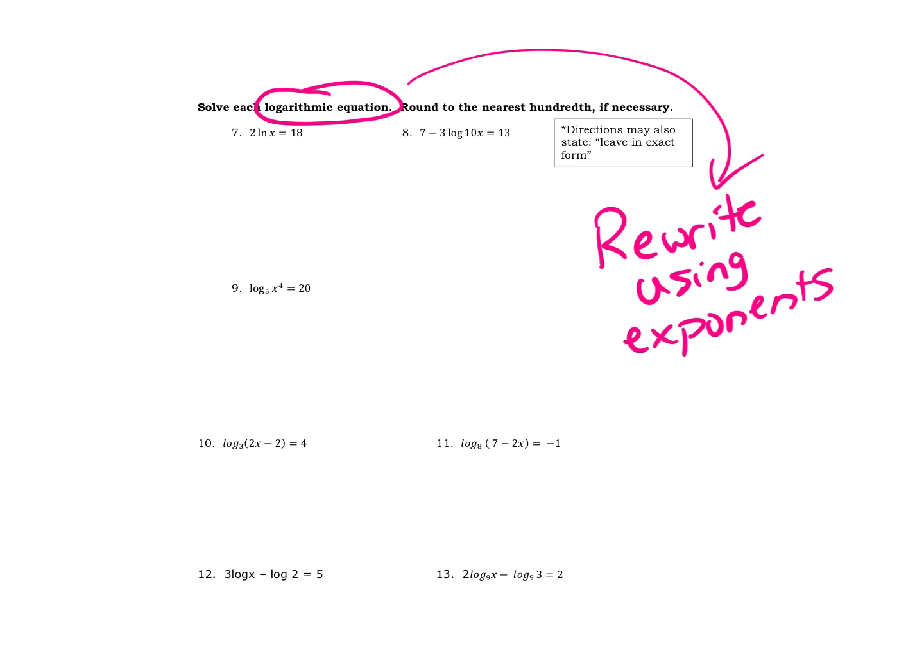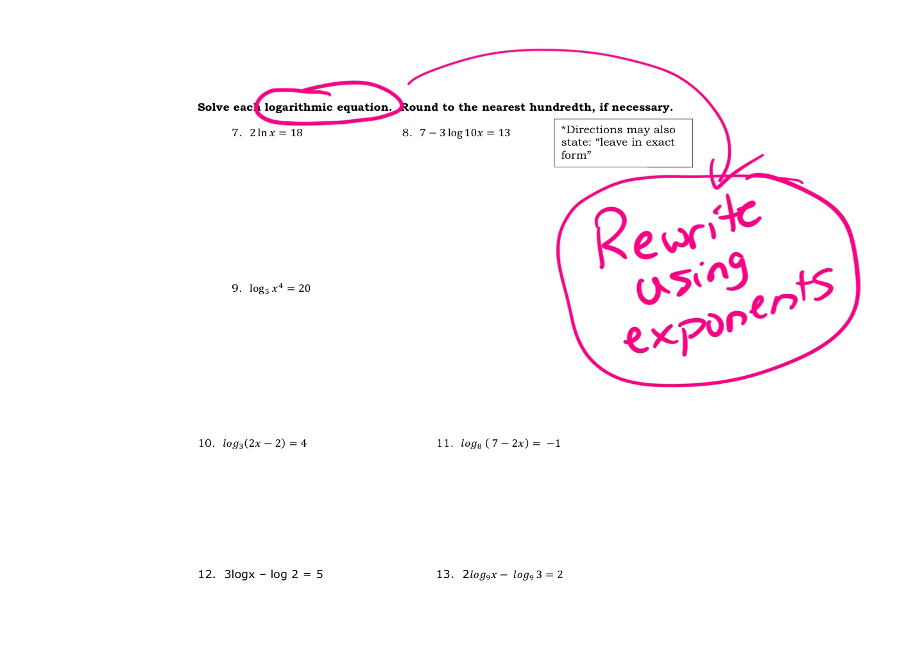What we're going to look at on the next page, those are exponential equations. Think inverse, it means we're going to have to think logarithms. So we'll get to that, but on these we are rewriting using exponents. There might be some cleaning up we have to do first, but that's what you have to keep in mind: these are logarithmic equations, rewrite using exponents.